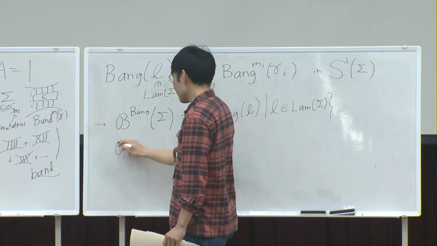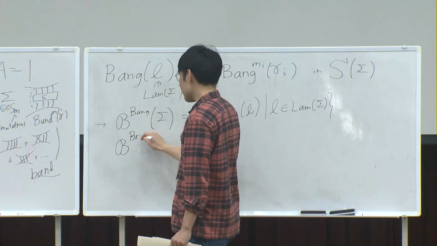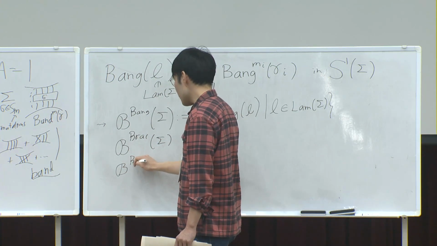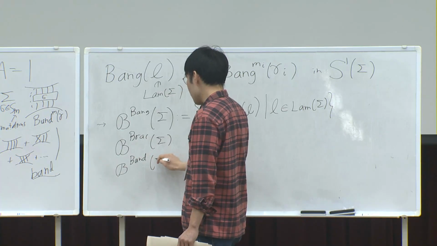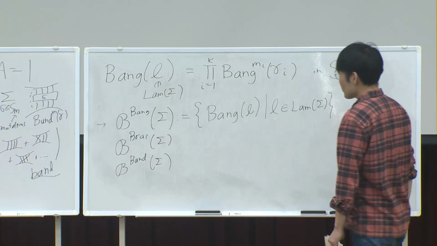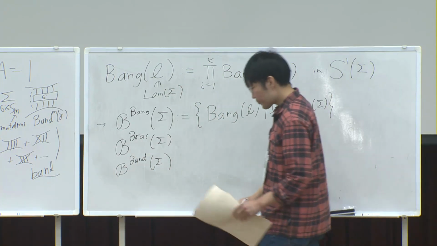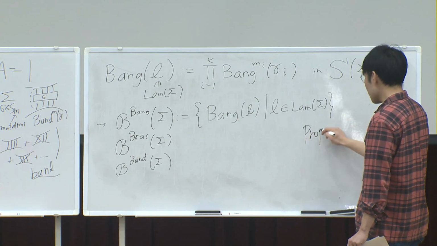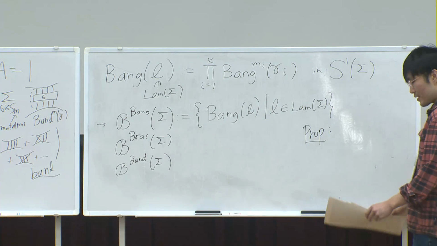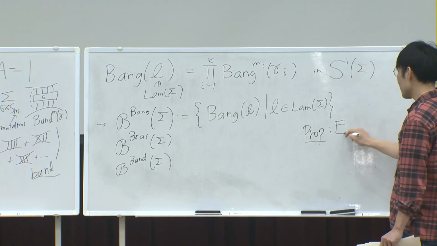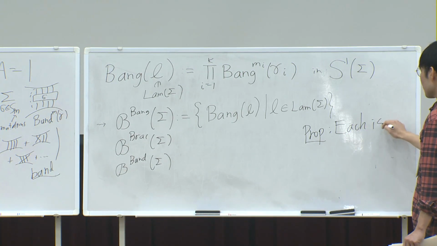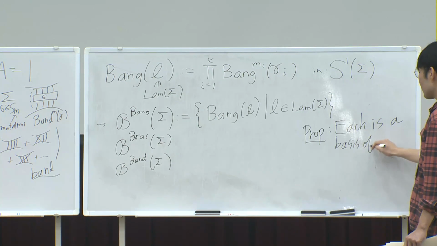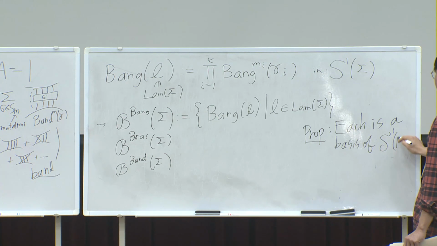And you do likewise for the other two constructions, for bracelets and bands. So you have 3 different sets. And the proposition is that each of these 3 is a basis of the skein algebra at 1.